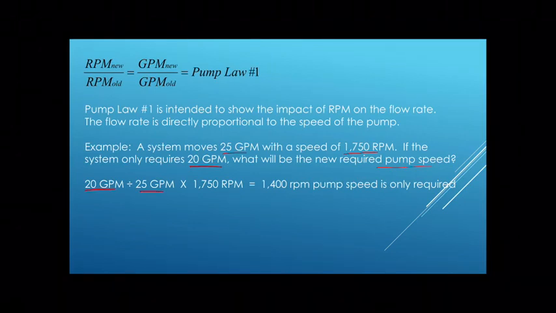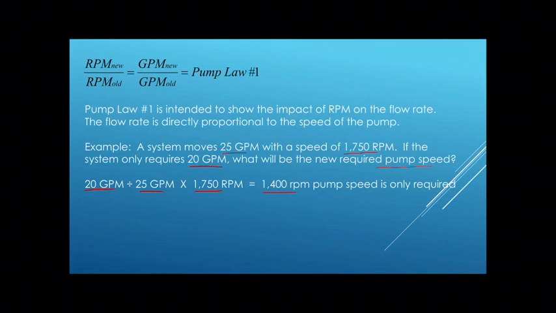So in this case, I'm going to set that equation up proportionally with the 20 being my new GPM. My 25 is going to be my original or old GPM. And remember, the 25 has to directly correlate to the 1750 RPM because that's where the two are tied together.